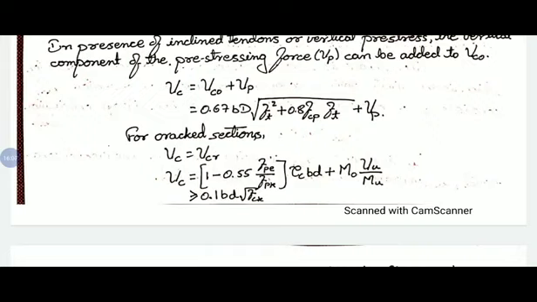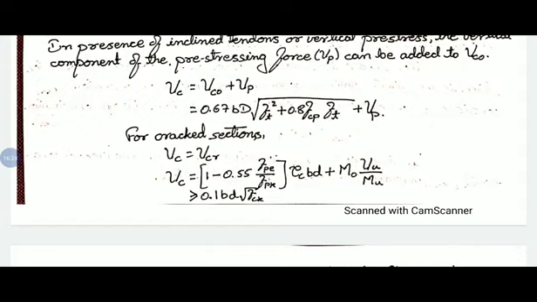So here VC is the shear corresponding to flexure shear cracking. So we have two types of shear failures: one is flexure shear and another one is torsional shear. Here we are considering only flexure shear.